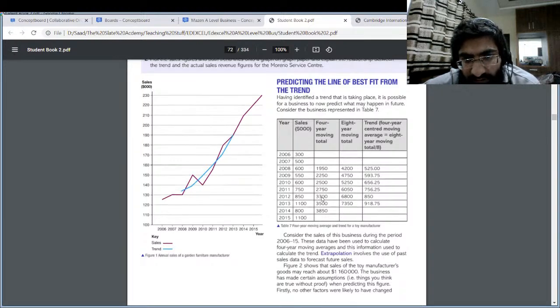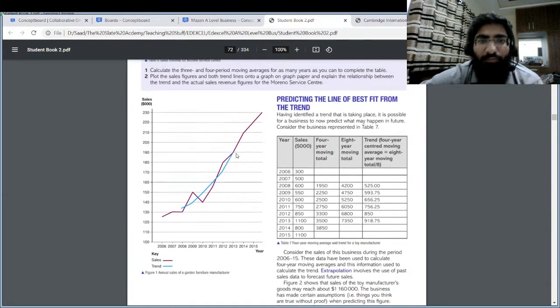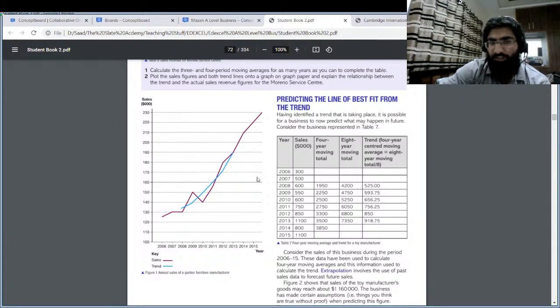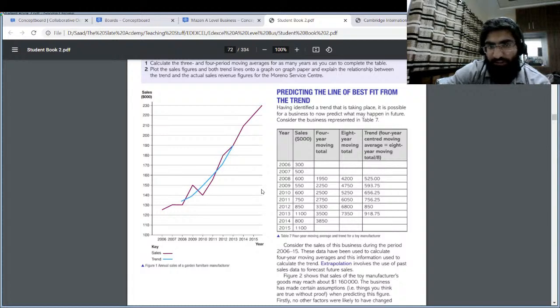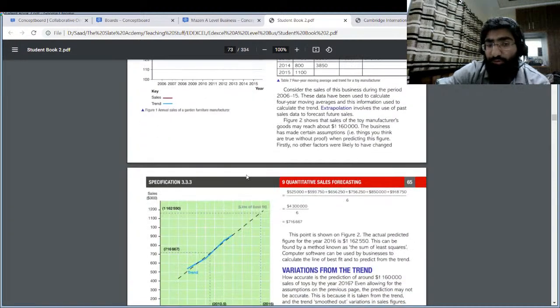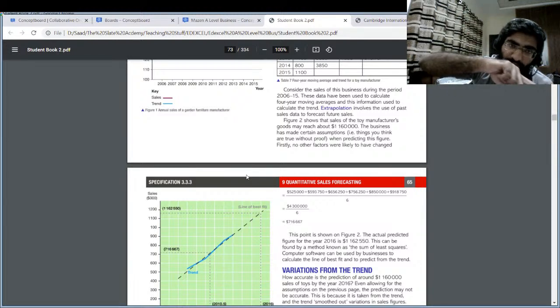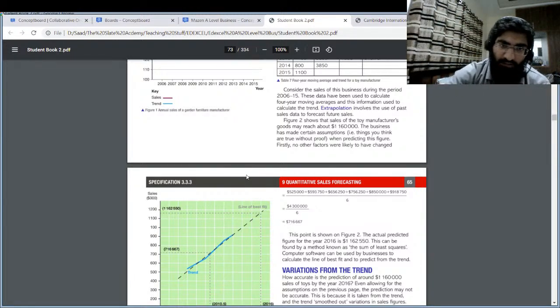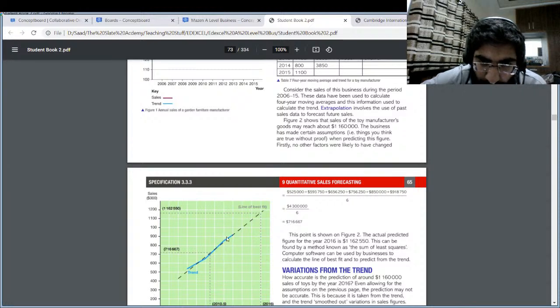What you can do is, for example, you have got this business over here, then you draw this trend line, and based on this trend line you can extrapolate it. You can say, if we were to continue this line in future, what would it look like?